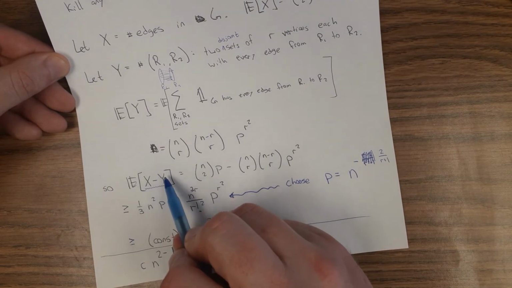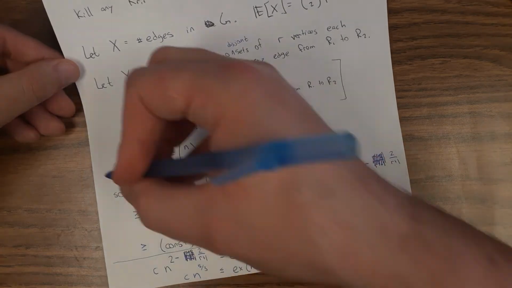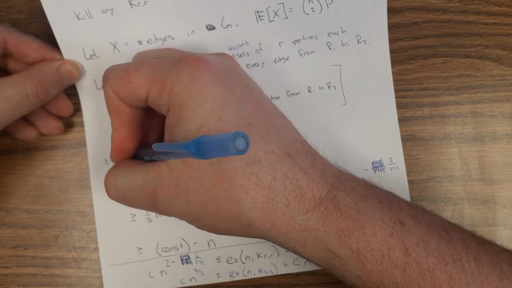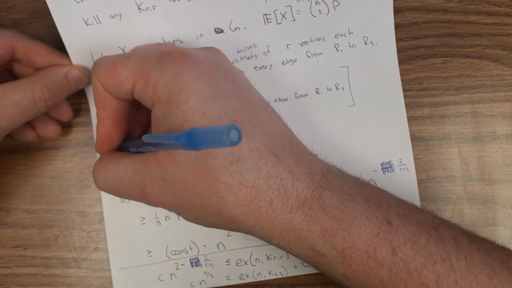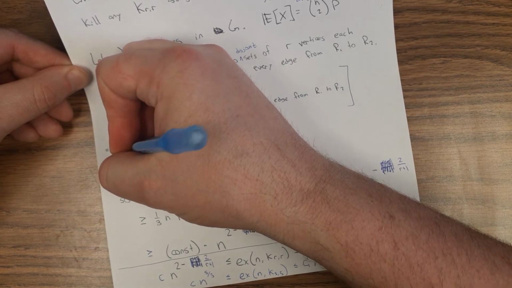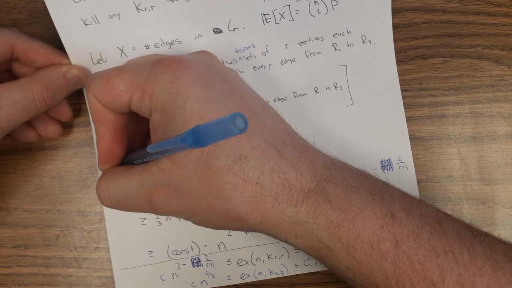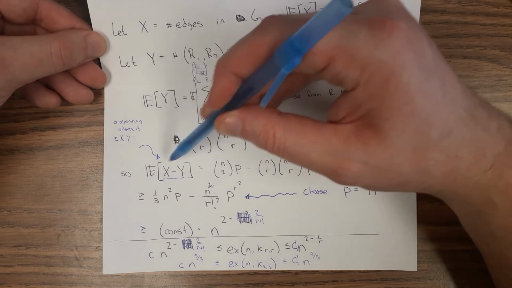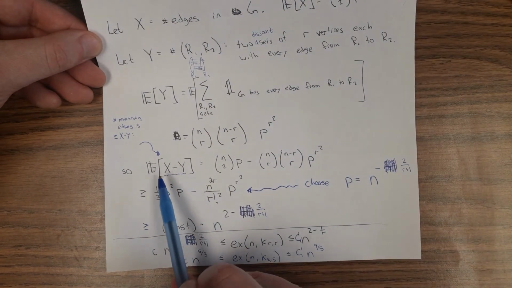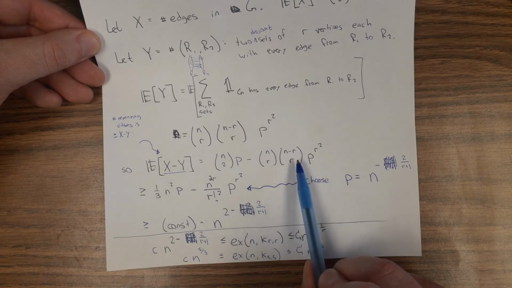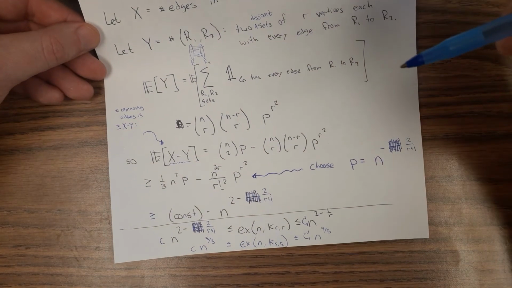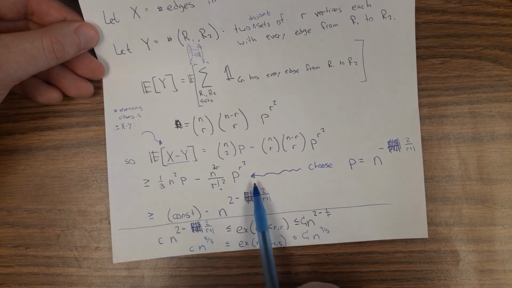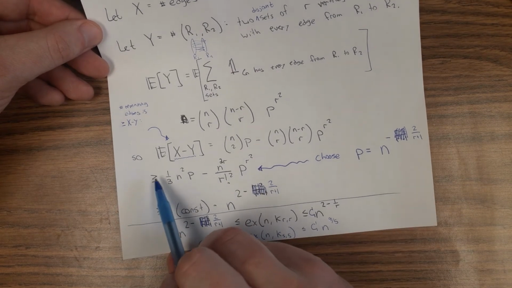So the number of edges remaining is at least X minus Y. And the expectation of X minus Y, again, by linearity of expectation, it's just the expectation of X minus the expectation of Y. This is at least, say, this.